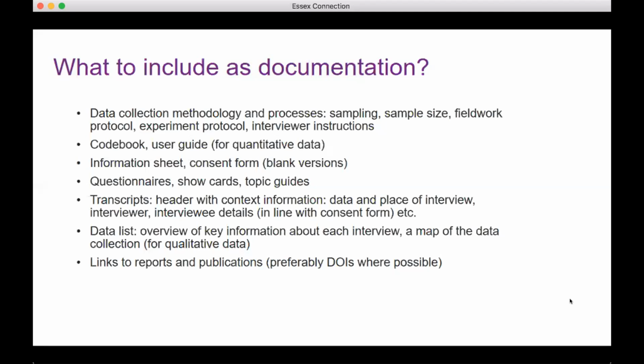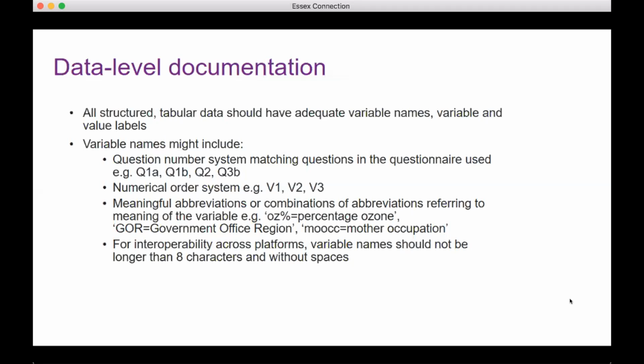And of course, any links to reports, publications, or any other related data. Of course, if the data can be linked to any other data sources, then we also need to know that. And preferably DOIs should be provided if they exist, because they're a persistent identifier as opposed to a simple URL, which might not exist in a couple of years.